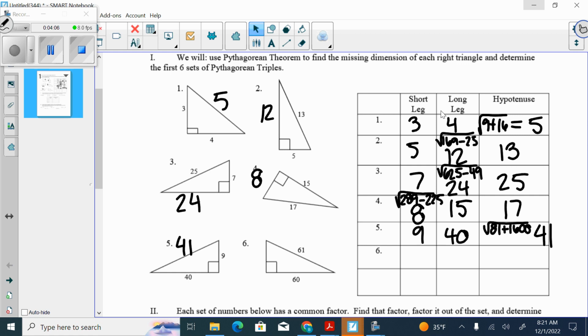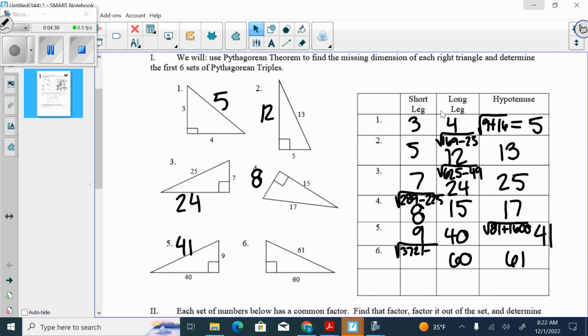And last one. What are we missing on number 6? Short leg, right. So I've got my long leg, and I've got the hypotenuse. So we're going to have to subtract. What's 61 squared? Yes.